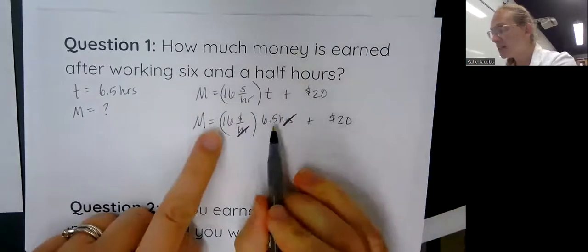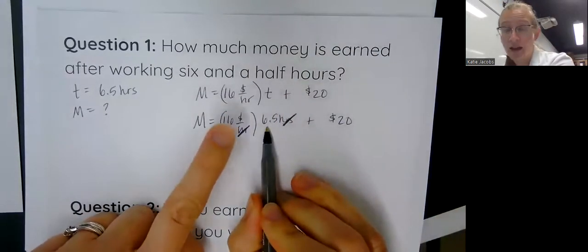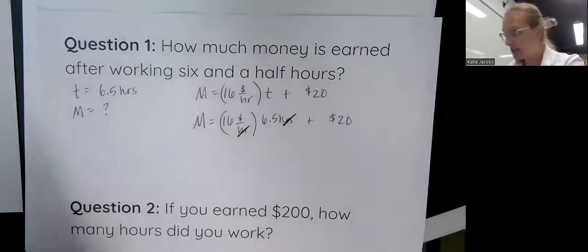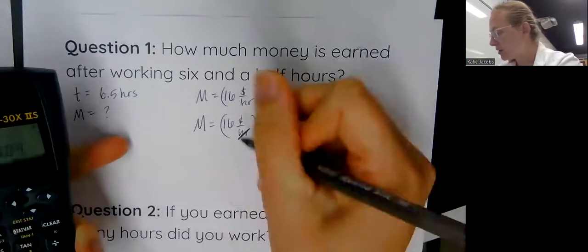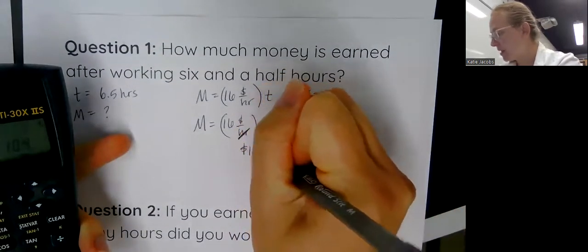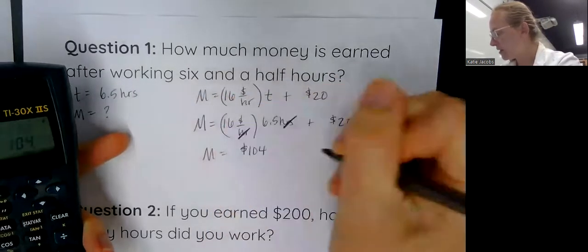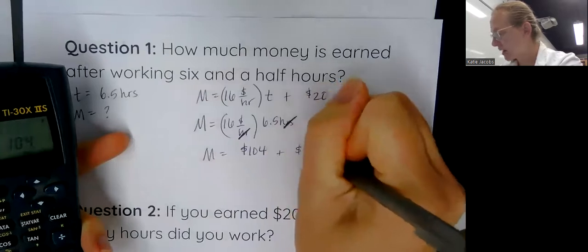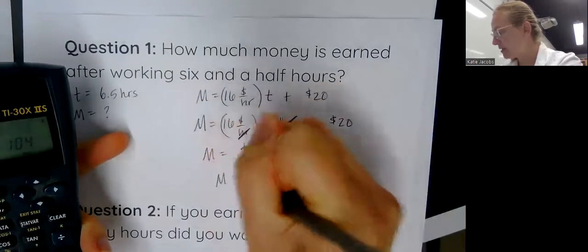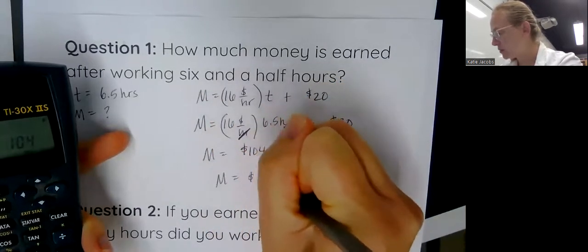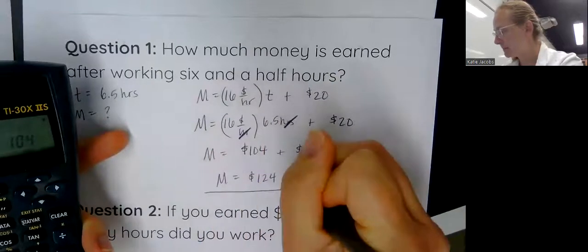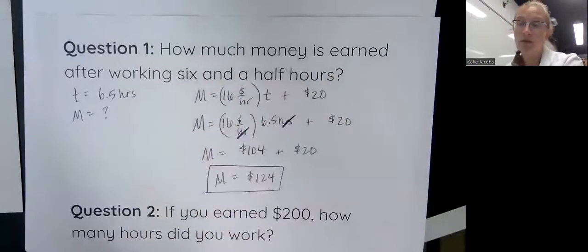Okay, but these numbers do not cancel out. I have to plug in what is 16 times 6.5 into my calculator. And I get 104 from this multiplication, 16 times 6.5, plus 20. So my answer would be $124 was earned from 6.5 hours of work.